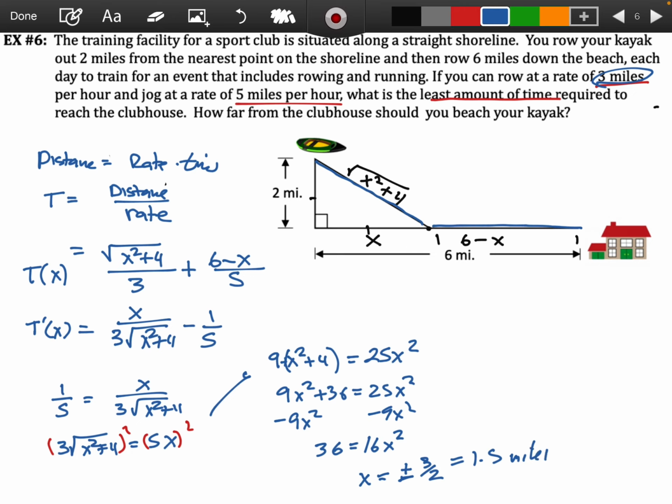How far from the clubhouse you should beach is going to be 1.5 because that gives you the minimum time. And if you want to find the minimum time, you have to plug that back into your original equation. Plug 1.5 into the original equation, and you end up seeing that you get about 1.73 hours. Okay, so that's how you do this problem.